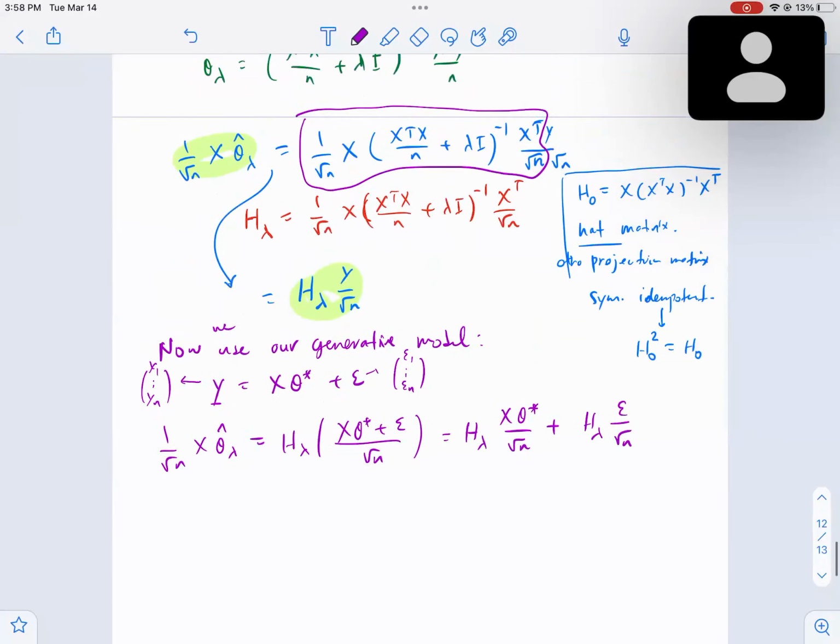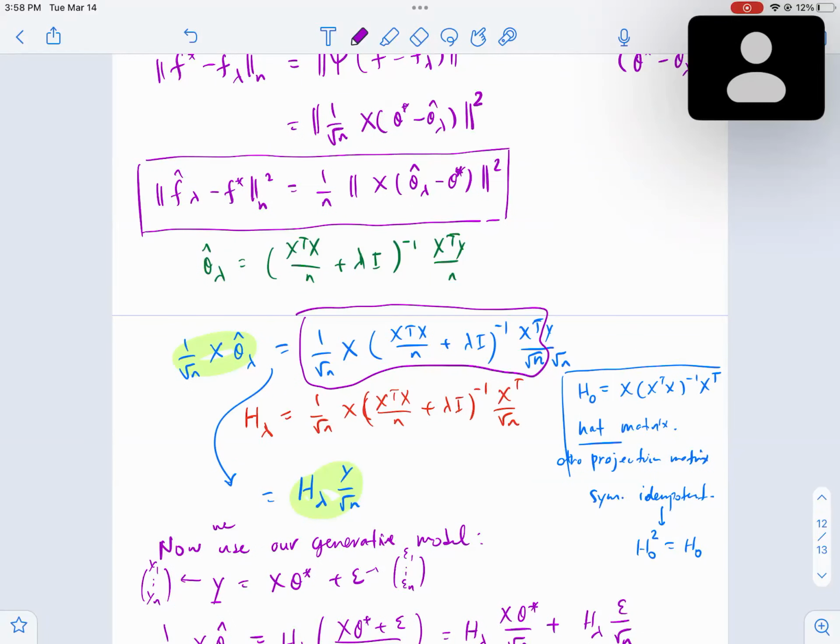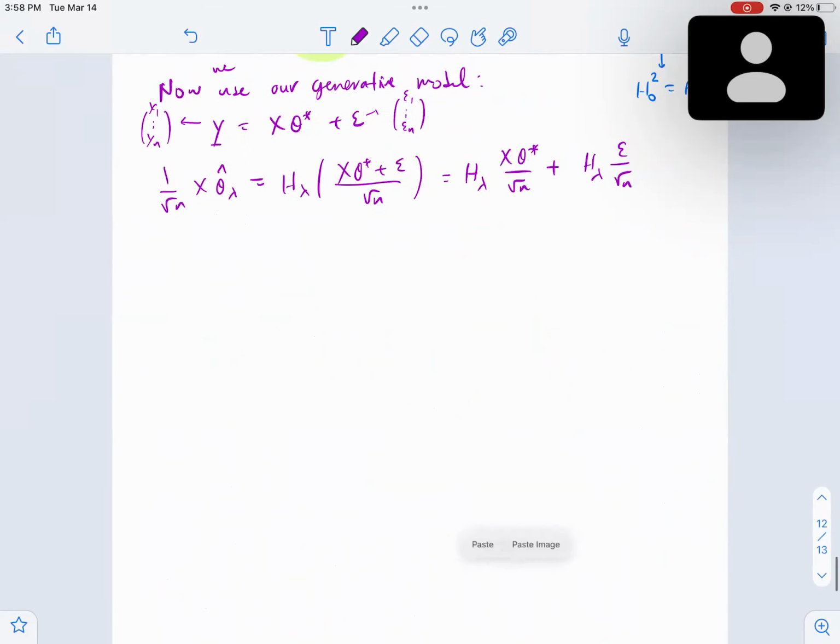So now, if you remember this identity here, I want to subtract x theta star as well. So I'm going to subtract 1 over root n x theta star from both sides. I get 1 over root n x theta hat lambda minus theta star. The other side, let me do it step by step: minus 1 over root n x theta star from this side.